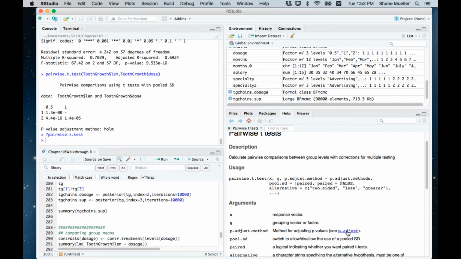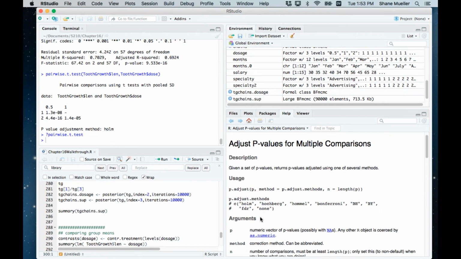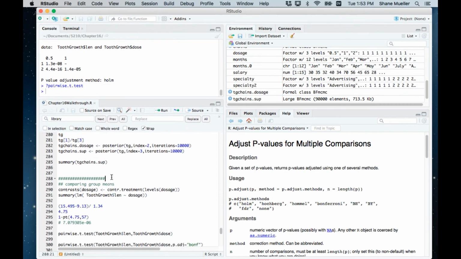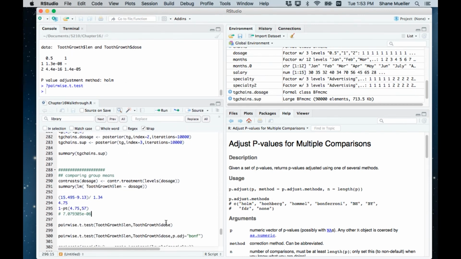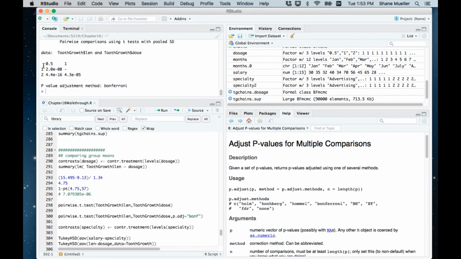There's a whole series of options: Holm, Hochberg, Hommel, Bonferroni, BH, BY, FDR, none. So we could use any of these to adjust the p-values. Oftentimes people will use the Bonferroni correction, which assumes that all the tests are independent and makes you satisfy a much more conservative criterion. So we could do Bonferroni adjustment here, and we can see, oh, they're still all highly significant according to the Bonferroni adjustment.